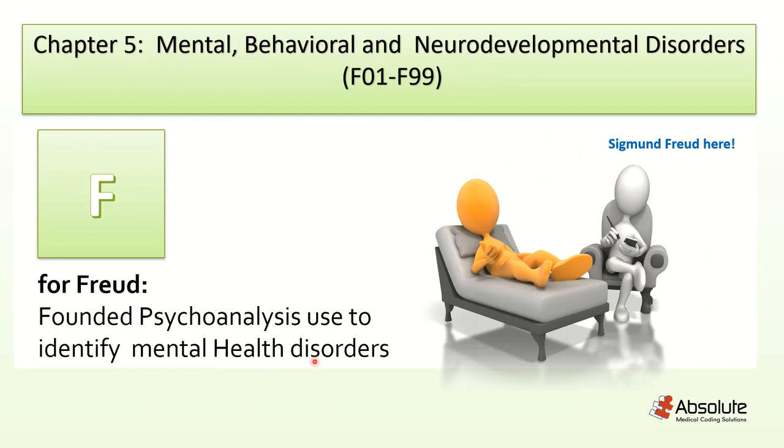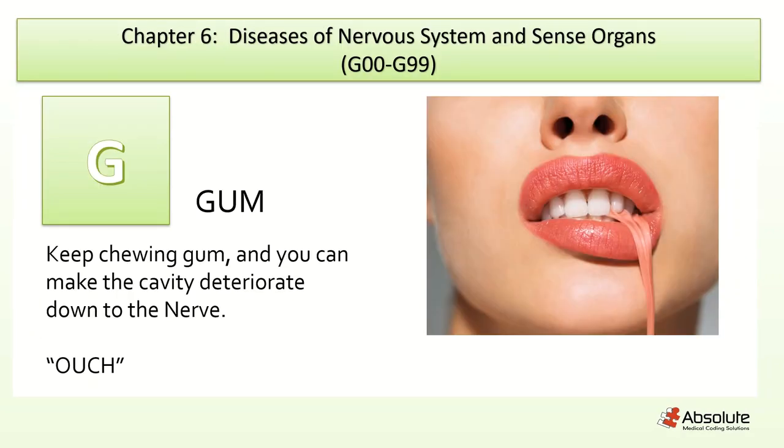Okay, next up. Chapter 6, Diseases of the Nervous System, G00 through G99. You will find diseases of the nervous system in Chapter 6 that begins with the letter G. And just like your nerve pain when you chew too much gum and nerve pain in your gum.